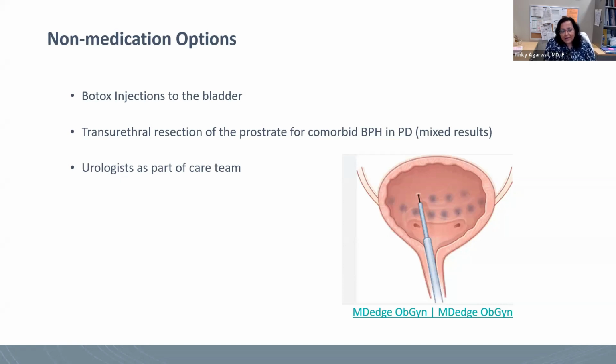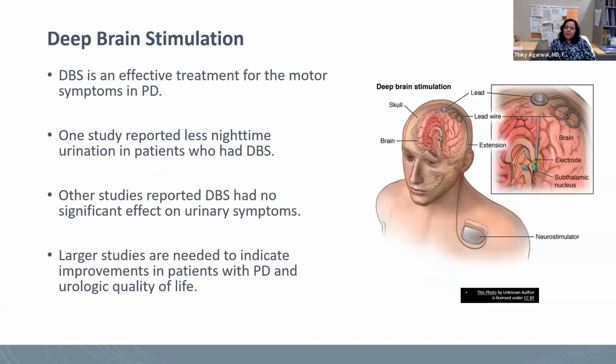If overactive bladder is a big complaint, then it does help to have a urologist as part of your care team, so your neurologist and urologist can communicate with each other to come up with the best option for you. Now, deep brain stimulation, we know, is an effective treatment for the motor symptoms of Parkinson's. We don't have so much data on how it helps with the non-motor symptoms.